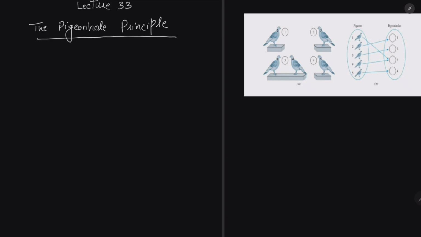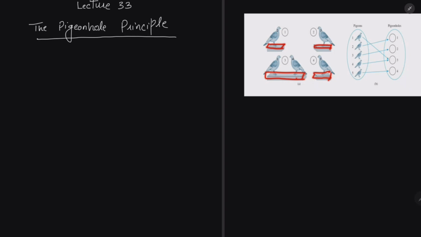It is obvious that if you have, for example, five pigeons, and these pigeons reach their place to sit in the evening, and you can see that there are four places, we call them the pigeonholes.